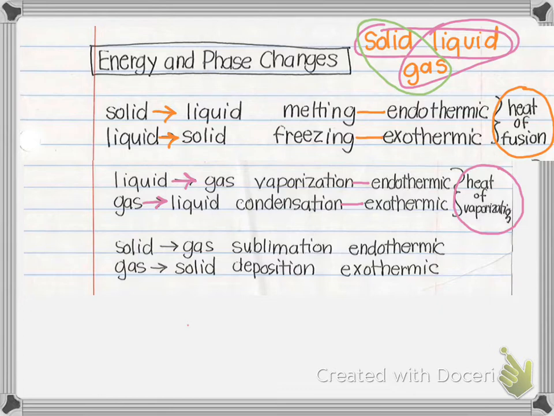If you ever go to the grocery store and get dry ice, you'll notice that it goes directly from a solid to a vapor. It's solid carbon dioxide, and it goes from a solid to that gas in a process called sublimation. That requires energy, so sublimation is endothermic. You have to put energy in.